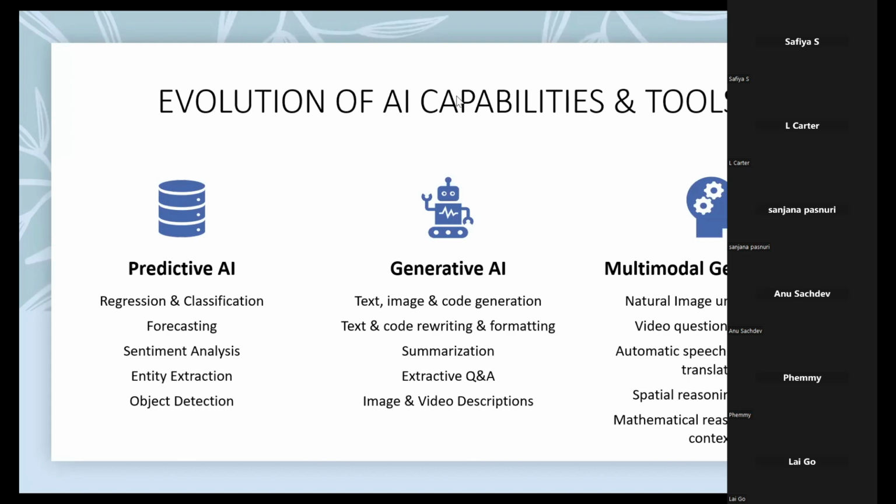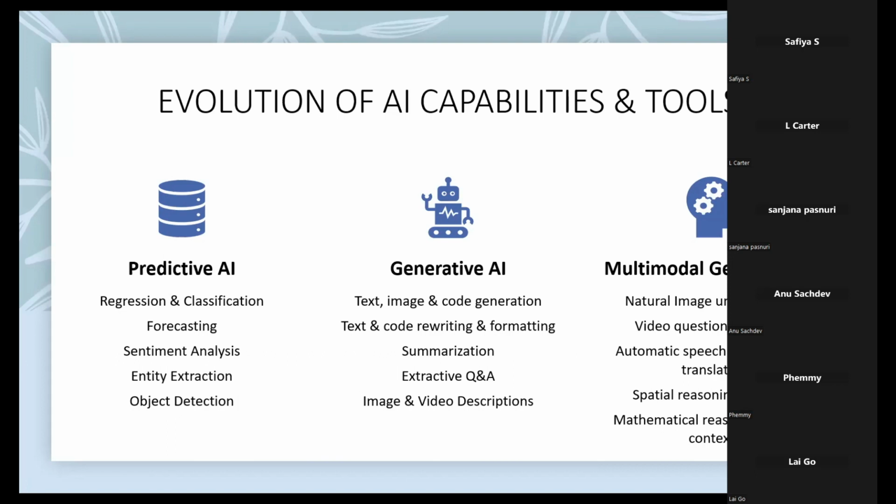So we have what we call predictive AI. Sanjana, I'm sure, said she is a data scientist, so most of the things we do in data science have to do with predictive AI. Basically, in predictive AI, we have some data and we train a model, or an AI, and this model is able to learn patterns from the data so that it can make predictions.